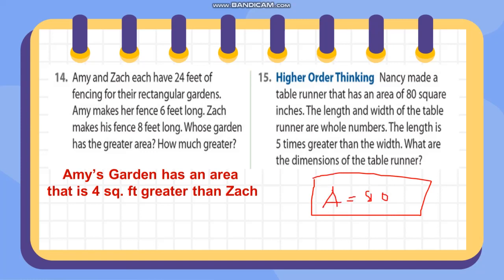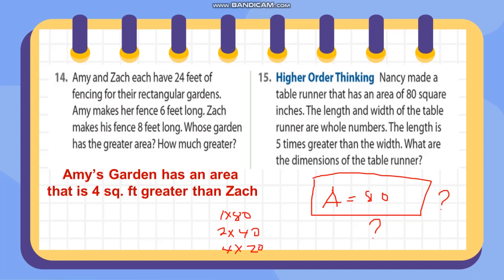So what are the two possible whole numbers that when you multiply, the answer is 80? 1 multiplied by 80, 2 multiplied by 40, and what else? 4 multiplied by 20. Those are the possible answers.